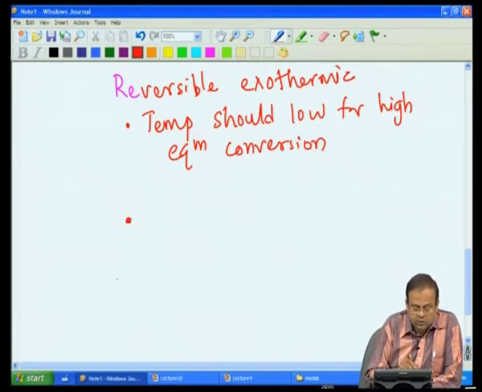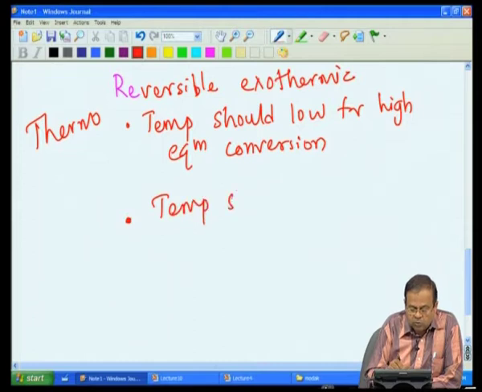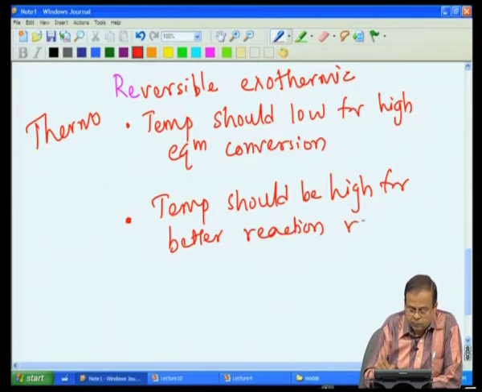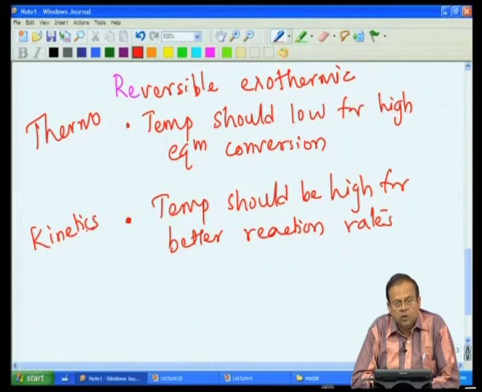So, this is thermo. My kinetics tells me that temperature should be high for better reaction rates. So, this is my kinetics. Obviously, we have to strike a balance, because we want high reaction rates as well as high equilibrium conversions.